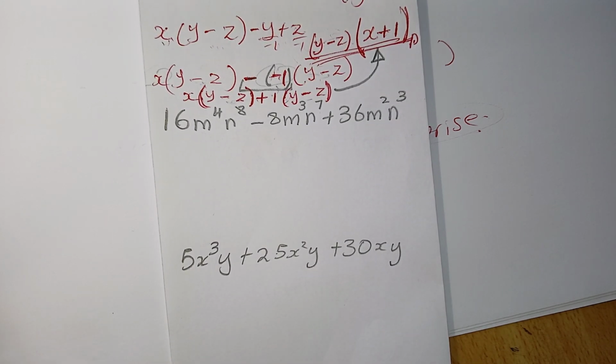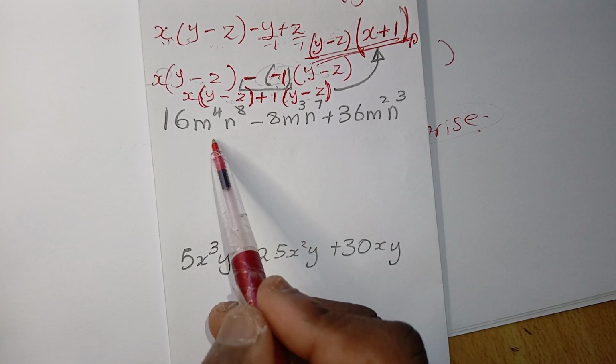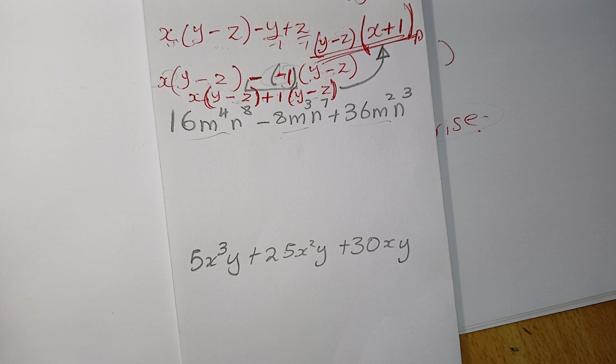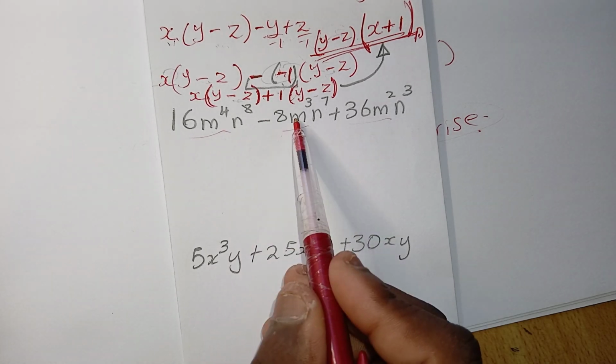So now let's do these two. For this one, guys, we've got 3 terms now. 1, 2, 3. We don't apply grouping here. We only have 3 terms. When you factorize, guys, all the time look for a common factor first. Something which is common here and there and there.